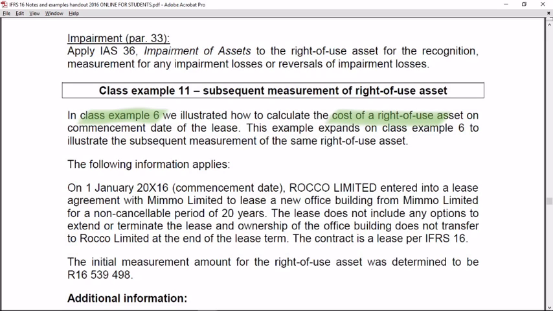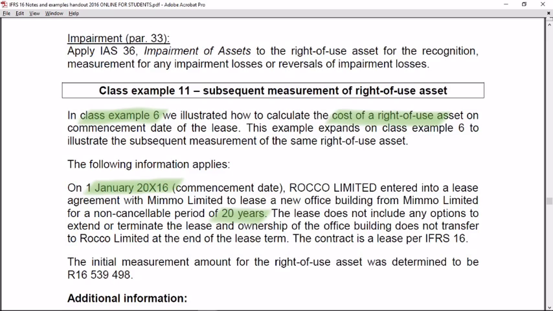The following information applies. Commencement date was 1 January 2016. Rocco Limited was the lessee who entered into a lease agreement with Mimo Limited, the lessor, to lease a new office building from Mimo for a non-cancelable period of 20 years. So my lease term was 20 years.